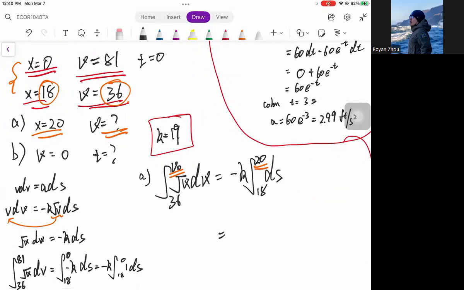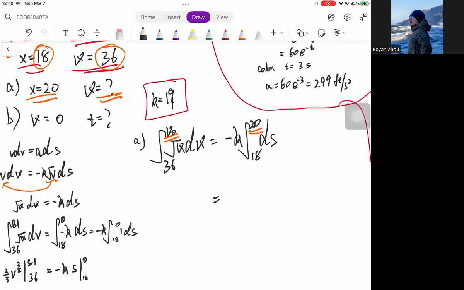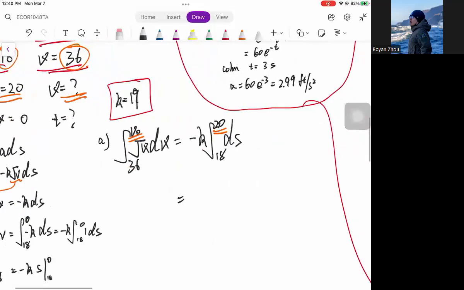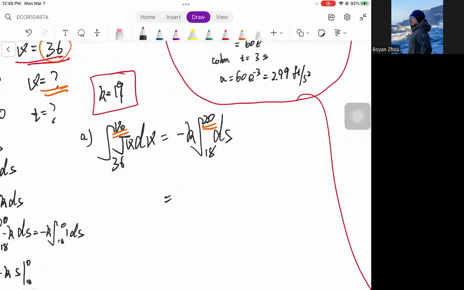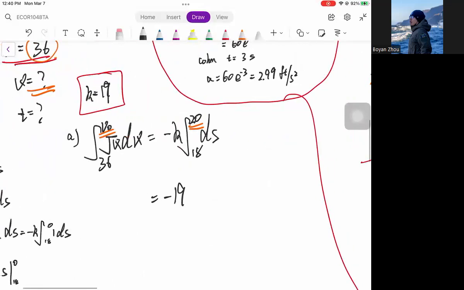Okay, so we're back to solving the math again. On the right hand side, we know k is equal to 19, so negative k is negative 19, times s, evaluating from 18 to 20.